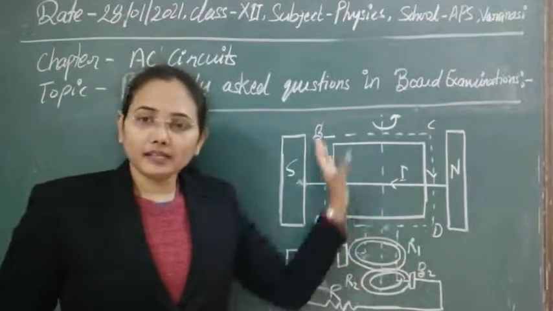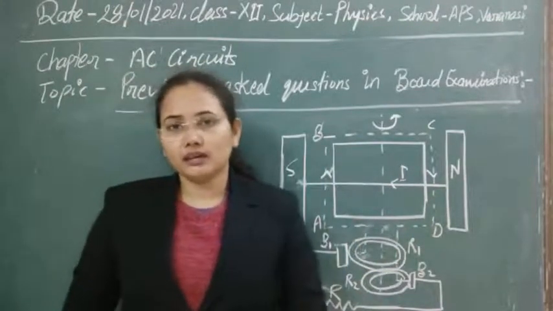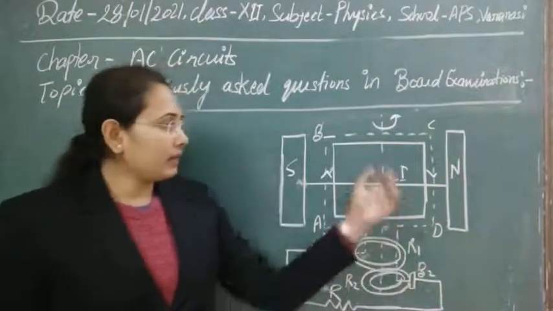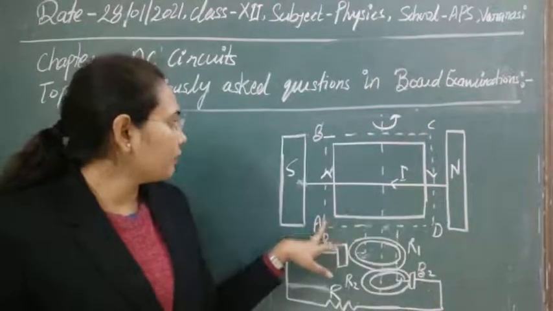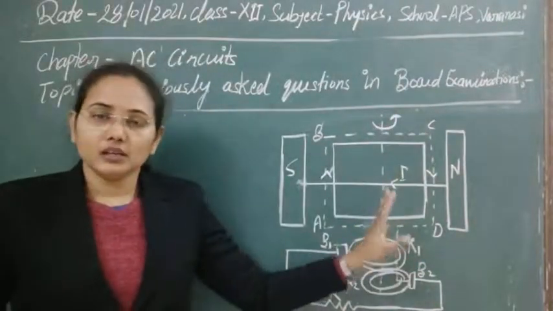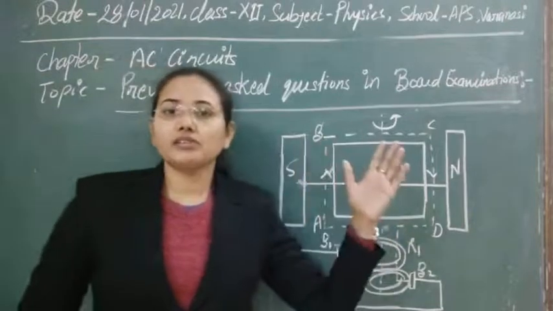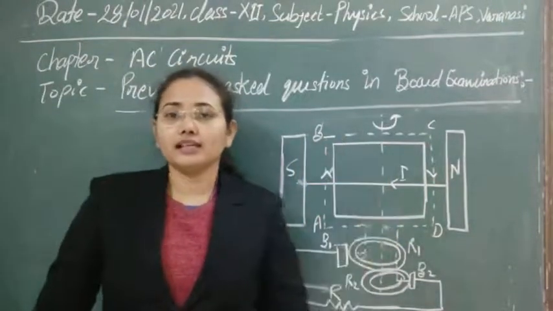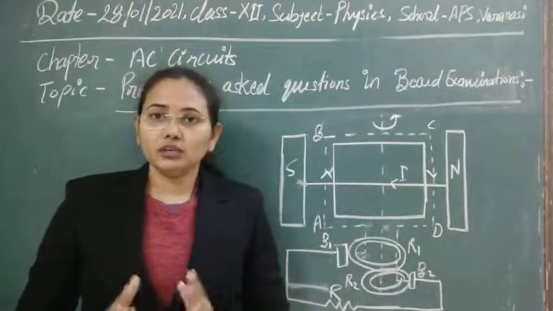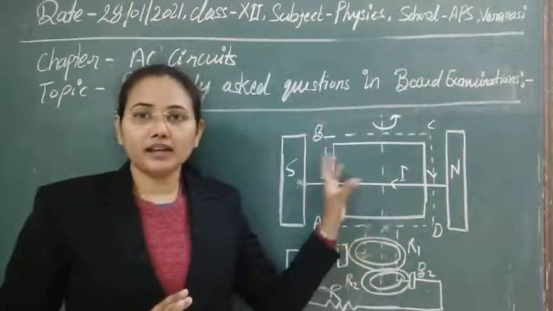Then the direction of current you can calculate easily by Fleming's hand rule. You can apply that, and you can see that it is from A to B, from C to D. I think the direction of current we have studied already in moving charges and magnetism, so there is no need to tell again how to find its direction.